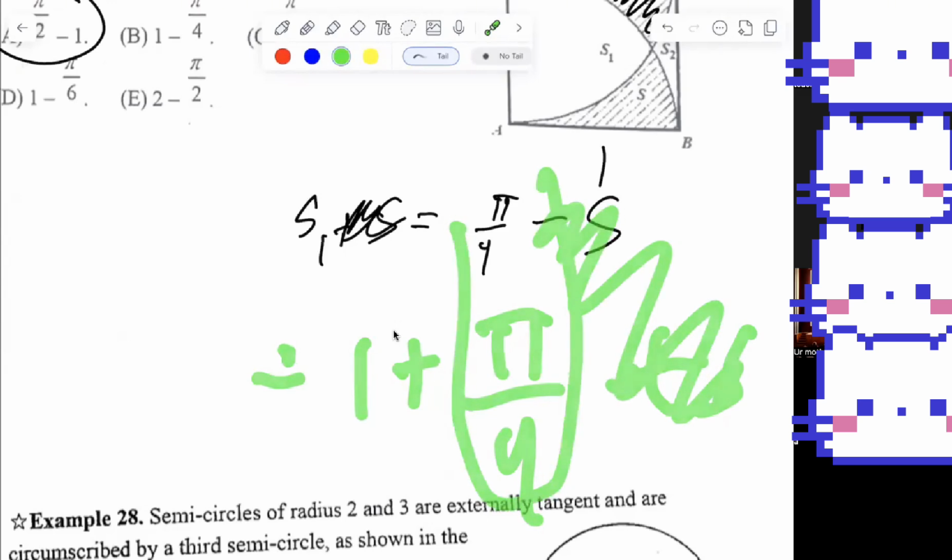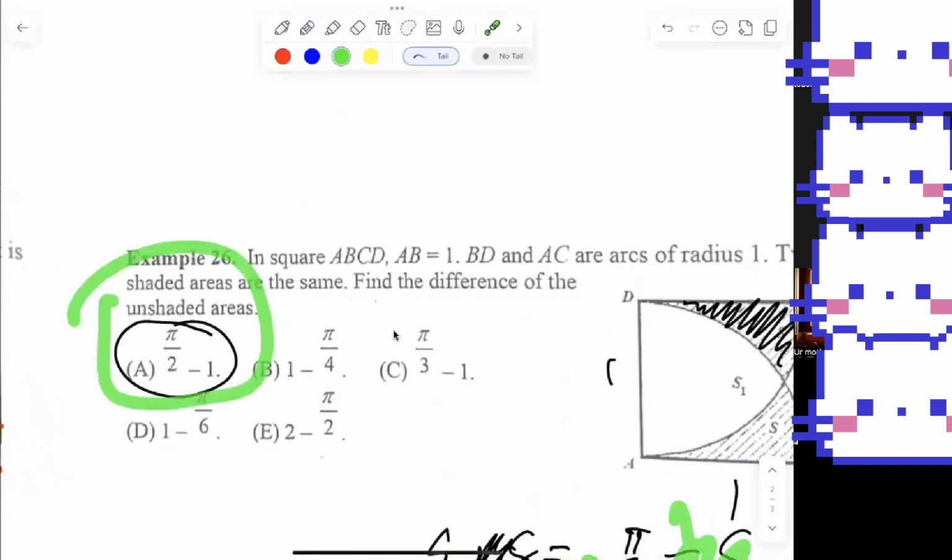Adding this together and subtracting 1 gives us pi halves minus 1 as our answer.